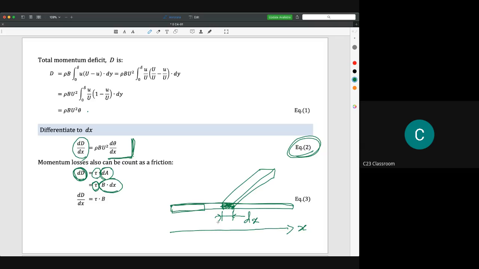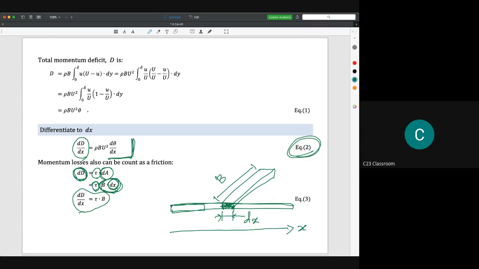The width is a constant b, so the area dA here is b times dx. That's why we use b times dx, and then we bring the dx to the left-hand side. So we have dD over dx equal to tau b.